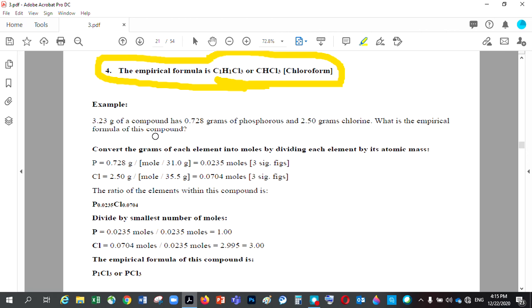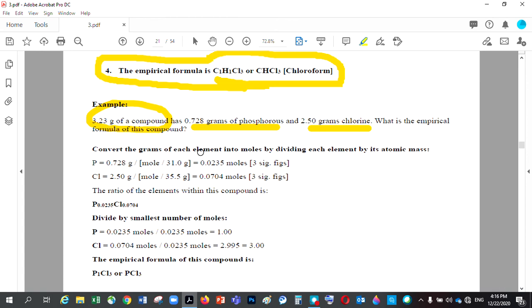Now let's do another example. We have 3.2 grams of the whole compound, which has phosphorus at 0.72 grams and chlorine at 2.50 grams. What is the empirical formula? Here there is no percentage.